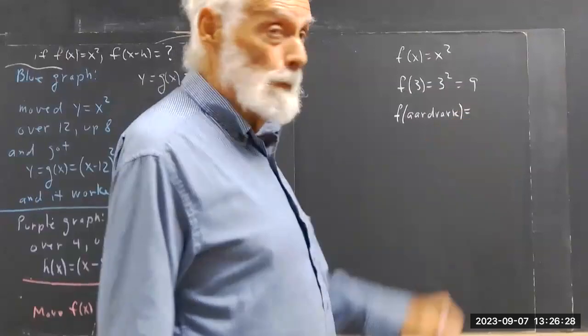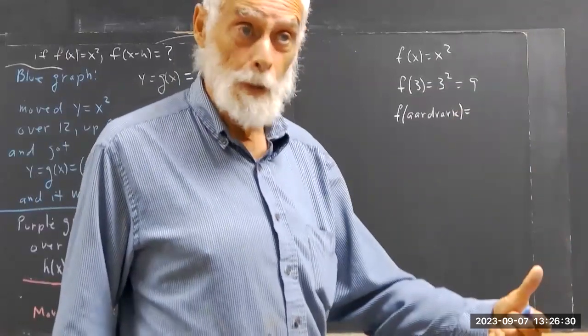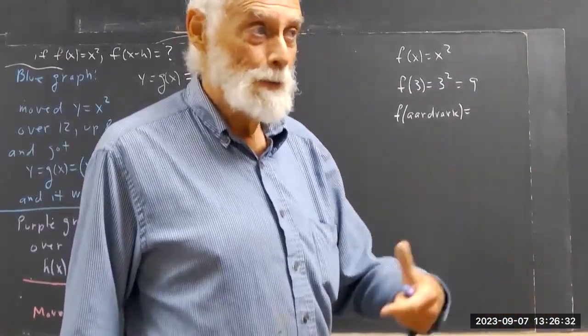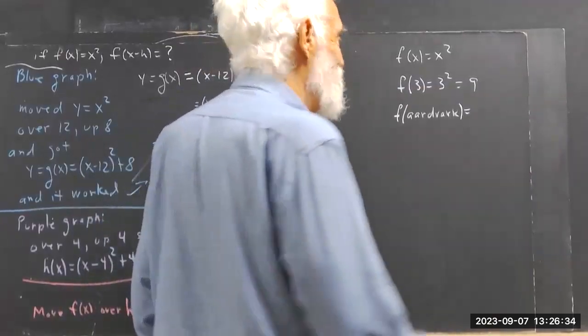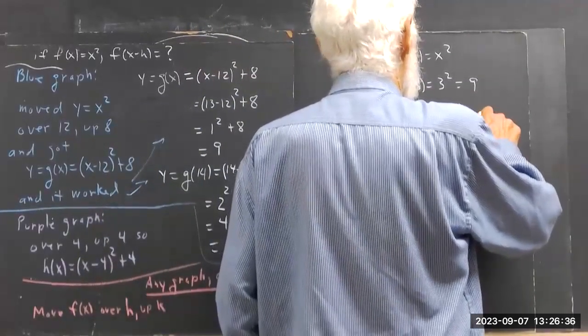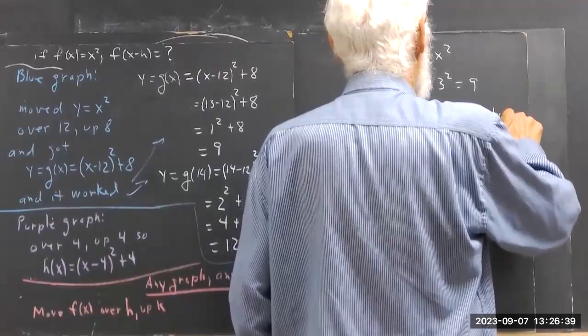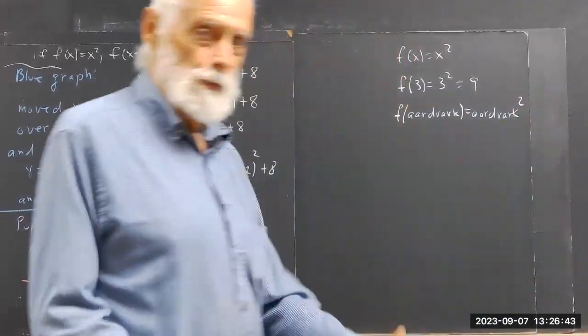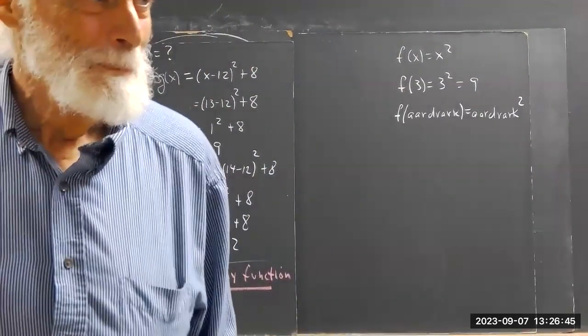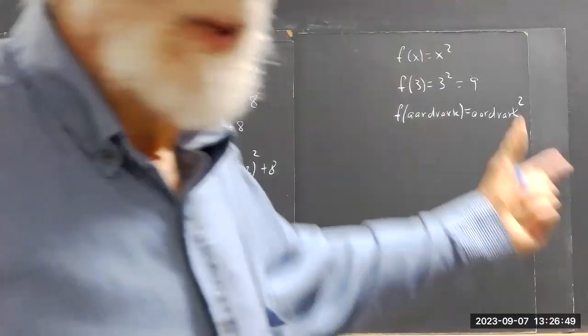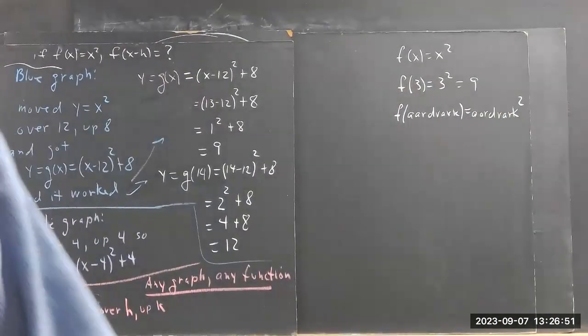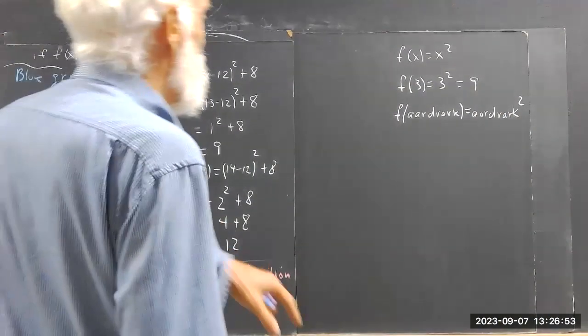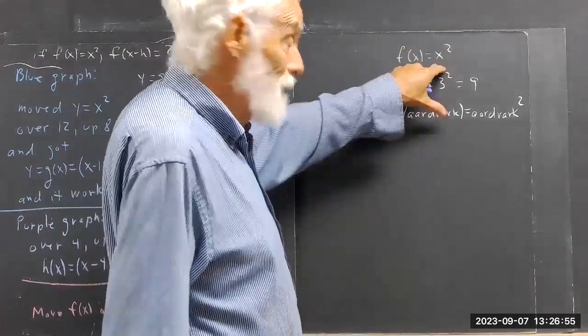What's aardvark squared mean? I don't have a good answer. I mean, aardvarks aren't square in the first place. It doesn't make sense, but it makes sense in the sense of substituting: whatever's in here is x, and that's x.